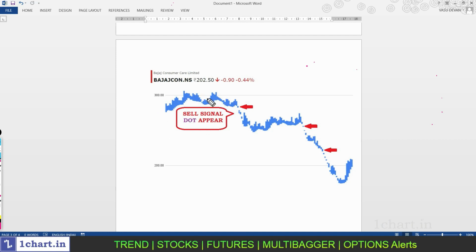Next example, Bajaj Finance. Here dot formation is there. After this, a parallel channel. If it breaks the parallel channel, you consider it a sell signal.